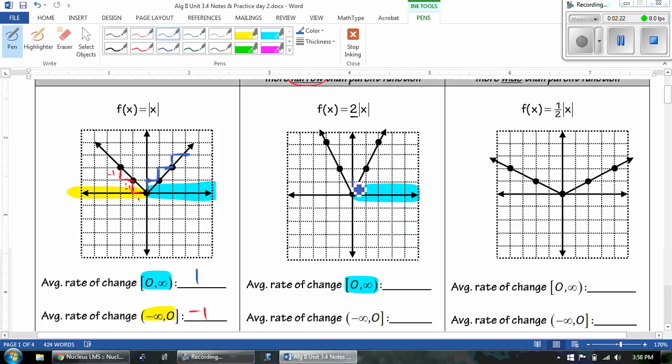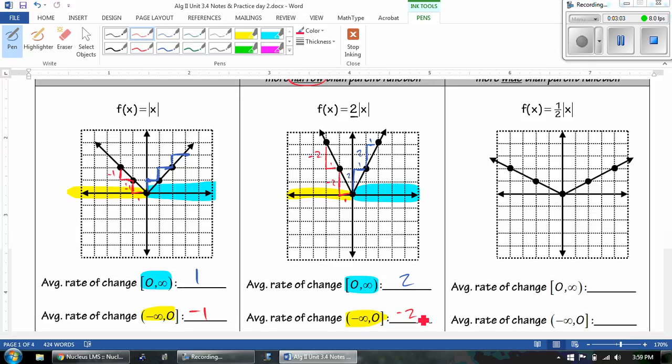Instead of going up 1 over 1, now we're going up 2 over 1, up 2 over 1. So my average rate of change is 2. But now when we're looking at the opposite side of the graph, the negative infinity to 0, I'm going down 2 over 1, down 2 over 1. So my slope is negative 2.